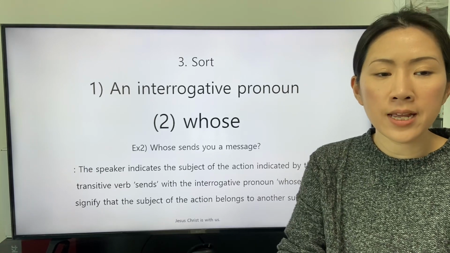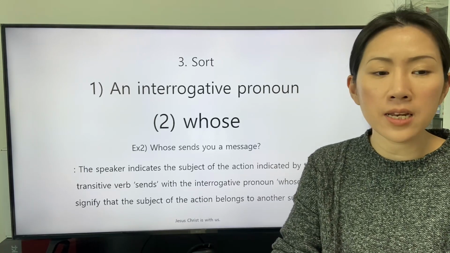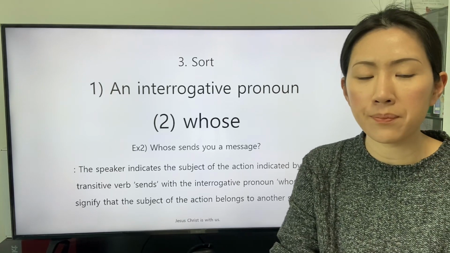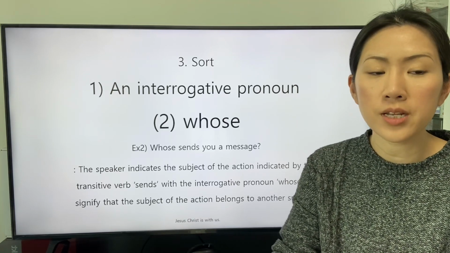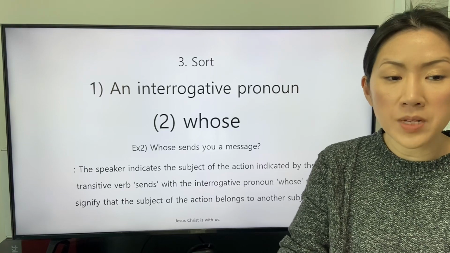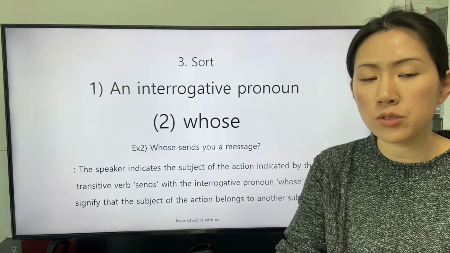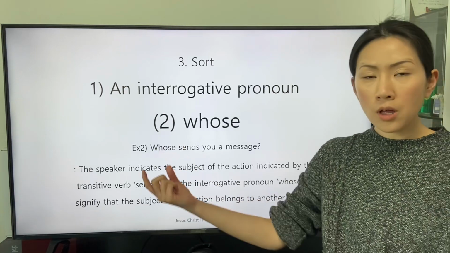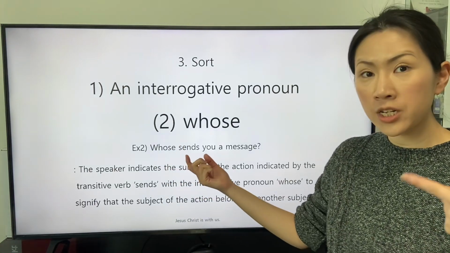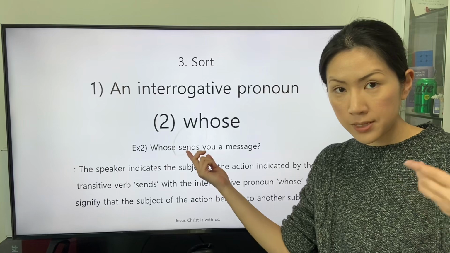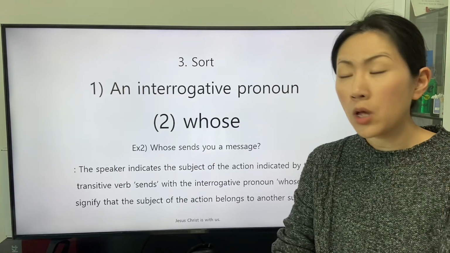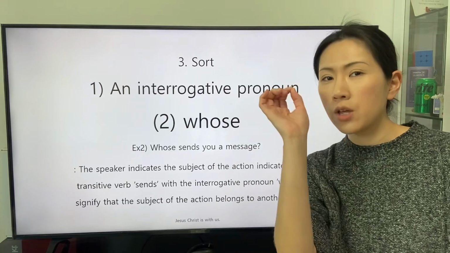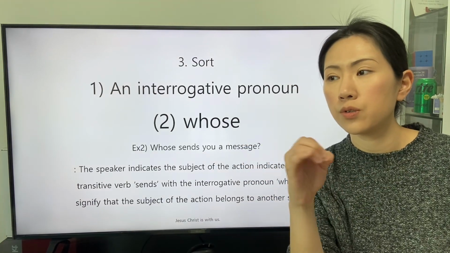The speaker indicates the subject of the action indicated by the transitive verb send with the interrogative pronoun whose to signify that the subject of the action belongs to another subject. The subject of the action indicated by the transitive verb send belongs to another subject that the speaker wants to figure out.